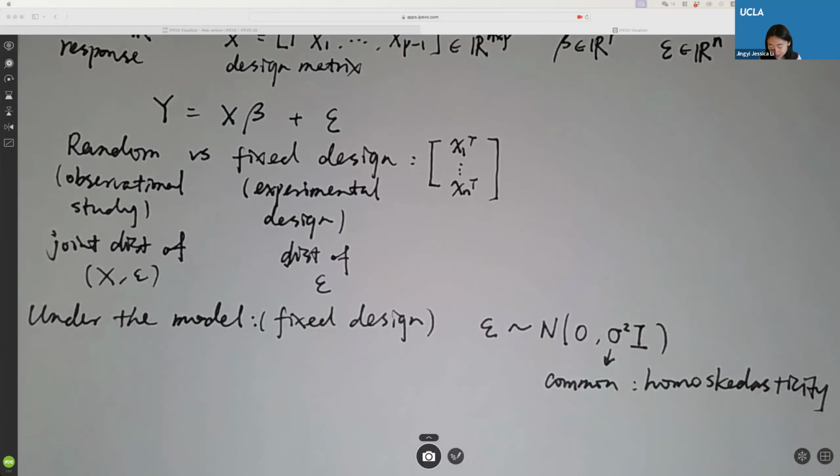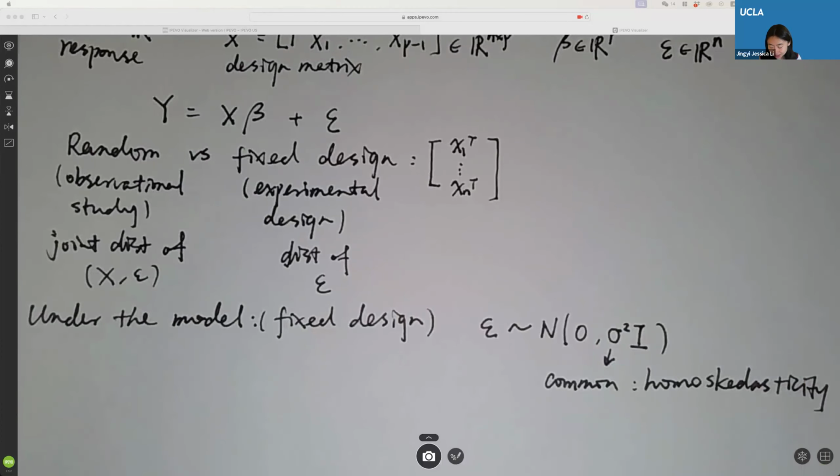Then I can easily show that for I minus H, because I here is an n-dimensional identity matrix, since everything is n-dimensional, I just put n here for clarity. And this will directly give me a trace of n minus p. This is something very important in our understanding of the degrees of freedom for our residuals.